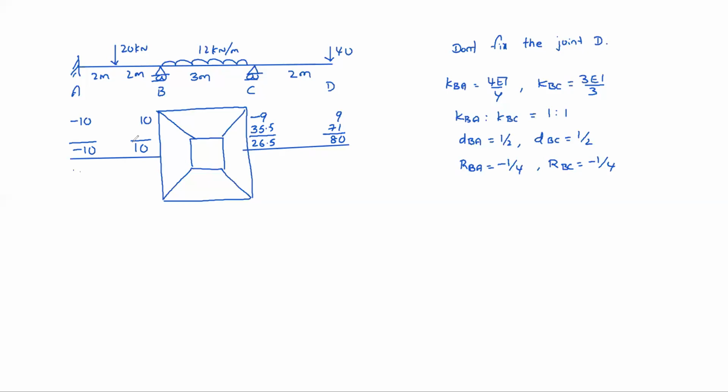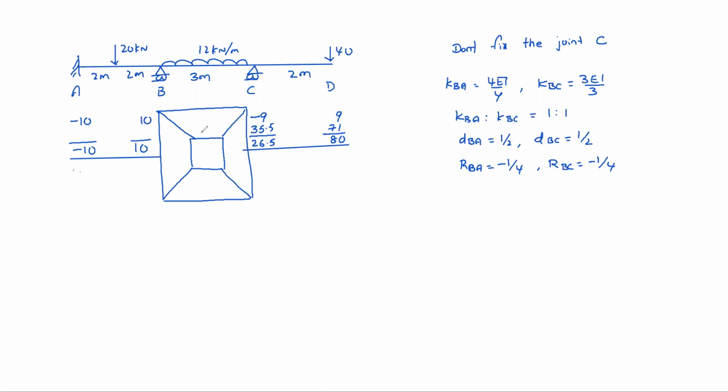We have not fixed the joint at, sorry, not fixed at C actually, not at D, it's at C. Don't fix the joint at C, so that it can rotate freely. Whatever moment is there at C, that 40 into 2 moment, to make it 80, we are just adding 71. So 71 carryover is 36.5.